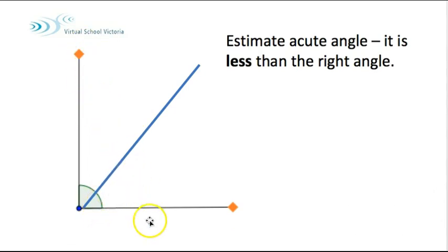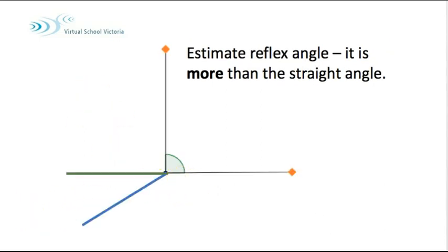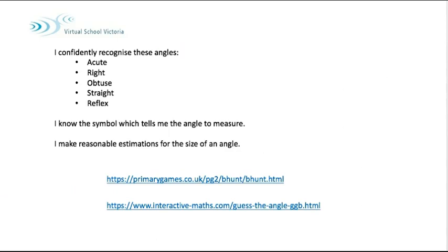So to measure angles, we estimate. If I wanted to measure this angle, we look at where the 90 degrees is and estimate it. We look at where the 180 degrees is and estimate the obtuse angles and the reflex angles similarly. Now, today we practiced recognizing these angles and estimating their magnitude.